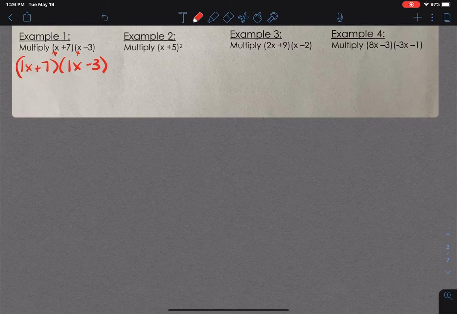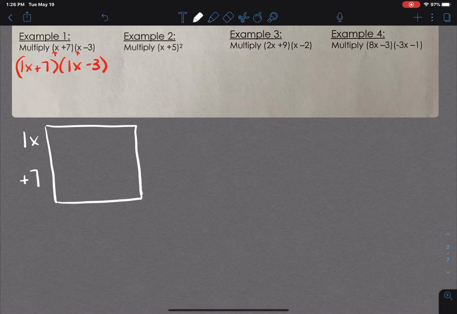Now, if I was going to set this up, I'm going to do the box method, but I want you to notice how it's going to look this time. I'm going to take 1x plus 7, and I'm going to split those two terms going down the side of the box. And then I'm going to do 1x minus 3 across the top.